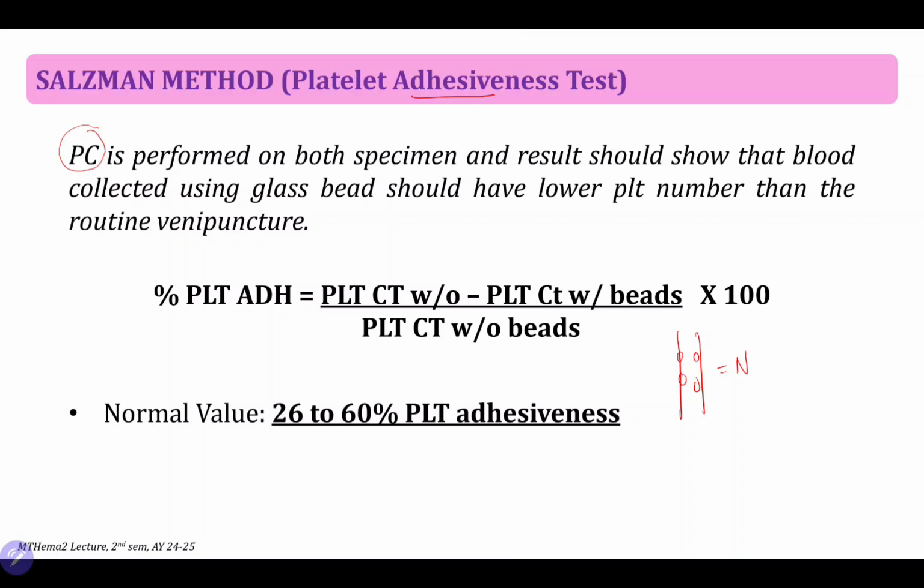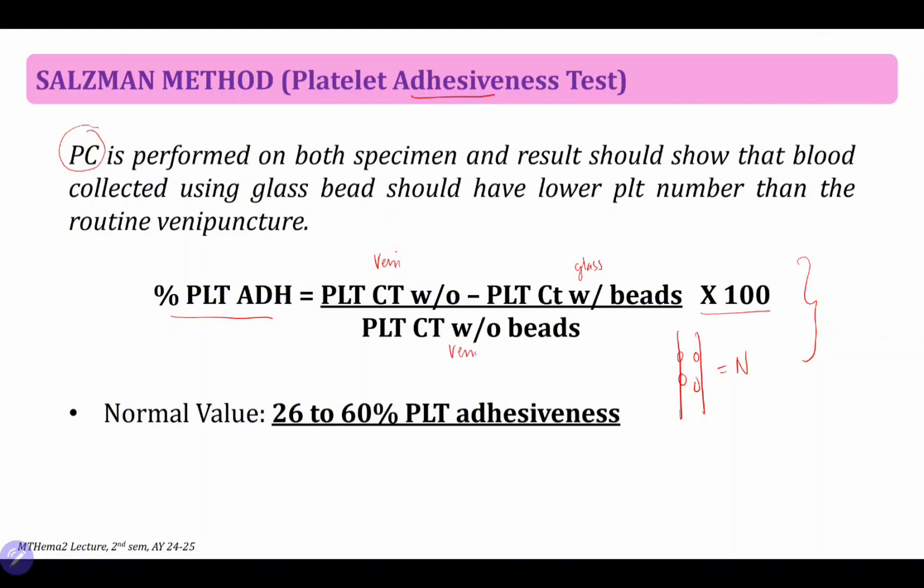Okay? But after the computation using this formula, percent platelet adhesion is equal to the platelet count without the beads, which is the routine venipuncture, minus the platelet count with the beads, which is the glass, divided by the platelet count without the beads, which is the venipuncture, times 100.